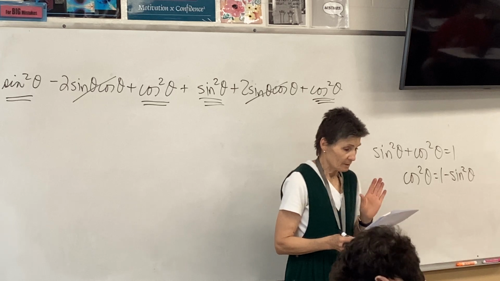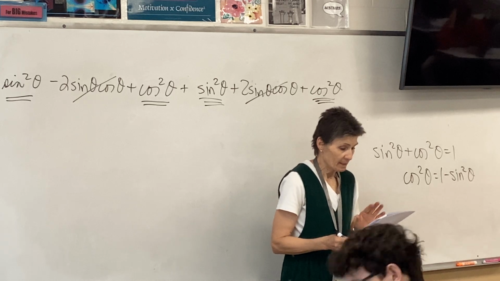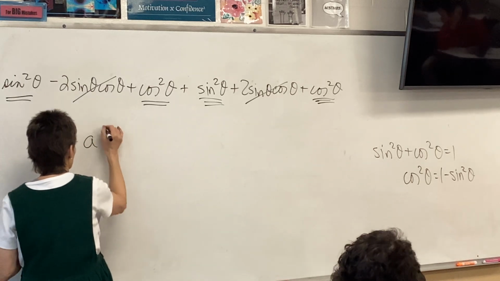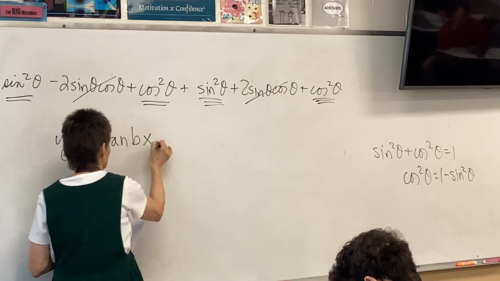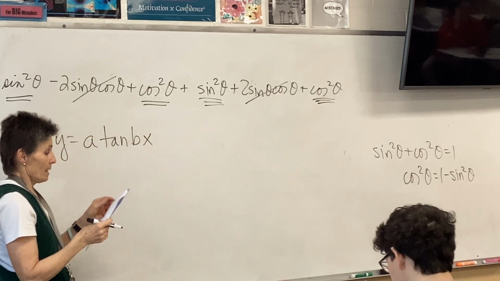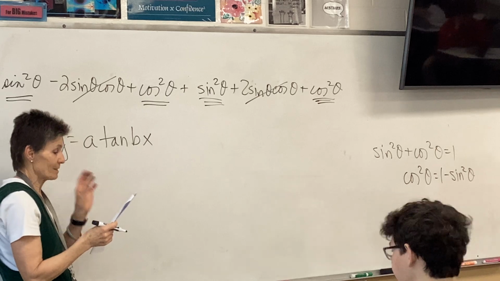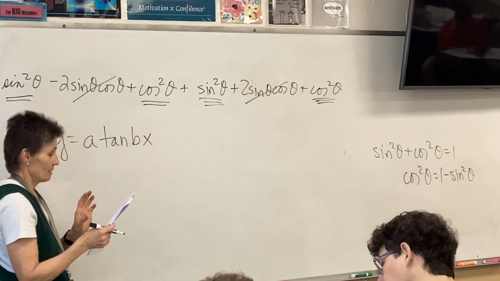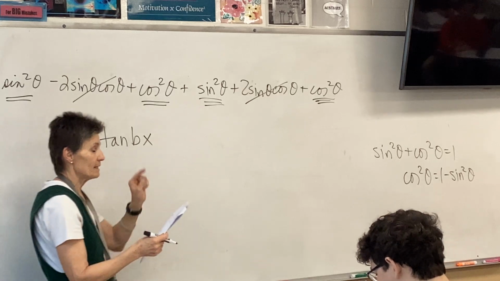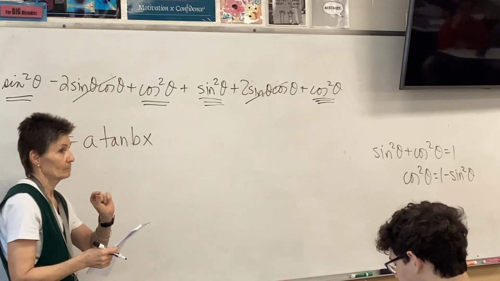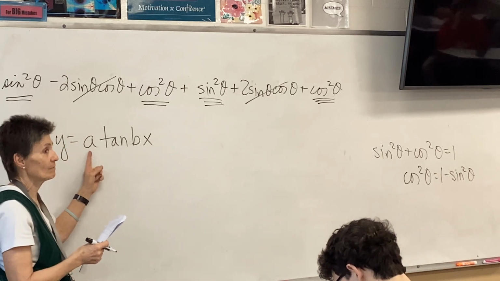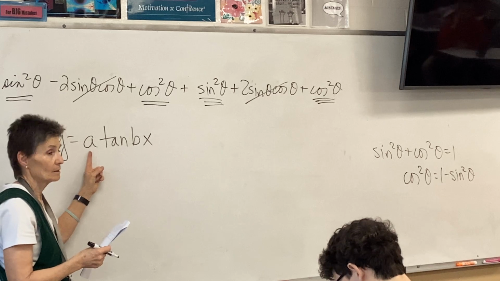So this picture is a tangent. And you are supposed to decide, well, let's decide first, if that picture is a tangent curve, which it is, is A a positive number or a negative number?